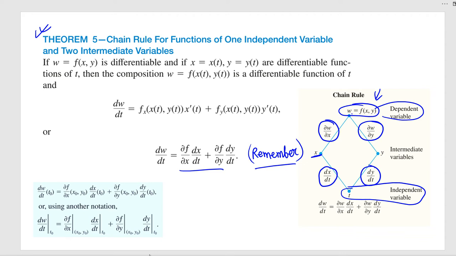And if you remember the total differential formula, from there dw, you will have fx times dx plus fy times dy. Now, if you divide by dt, the formula will become of this form.